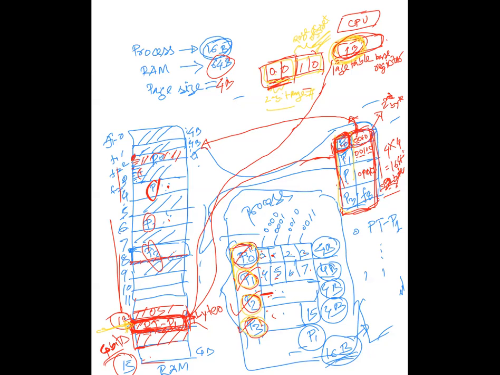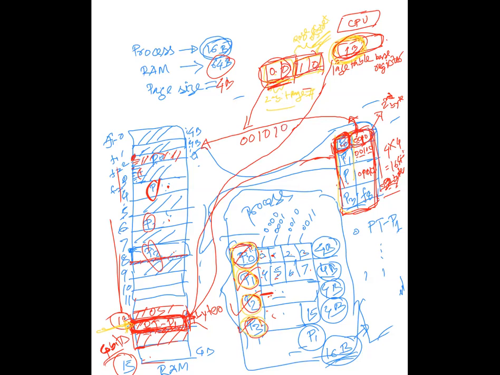So it just replaces the first 2 bits, 0, 0, with the frame number that is actually stored inside your page table. These 2 bits are replaced, but your offset is the same, because your frame size is equal to your page size.